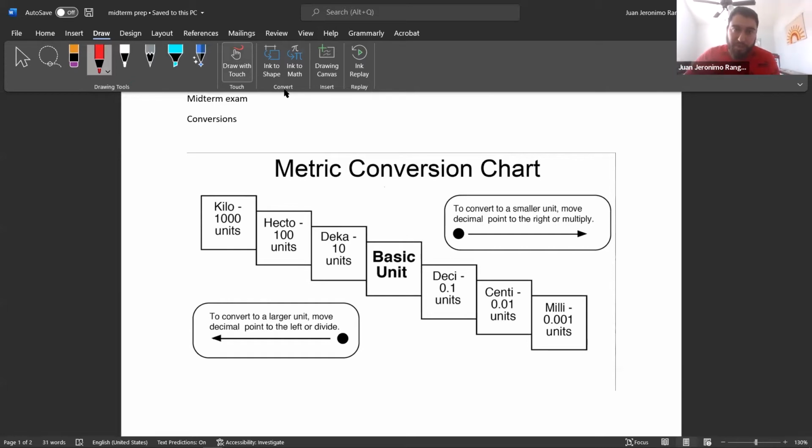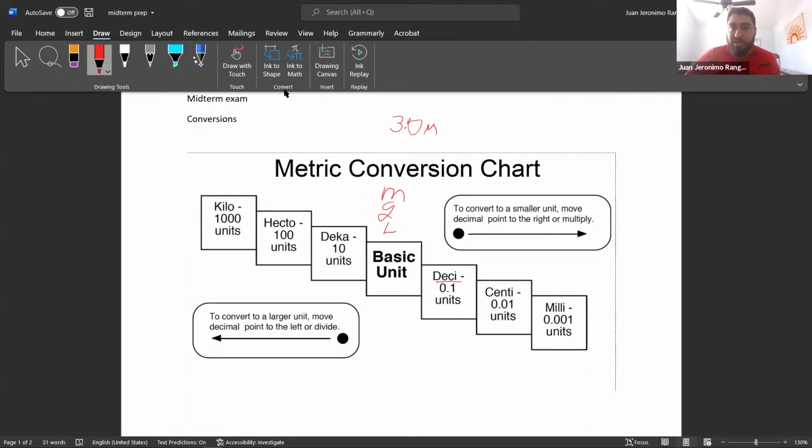So basic units are things like meters, grams, liters, and then you add these prefixes in front of them. So say we have 3 meters, and we're trying to convert it to centimeters. So there are 100 centimeters in a meter.